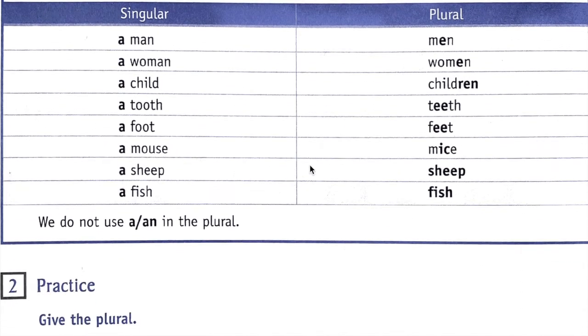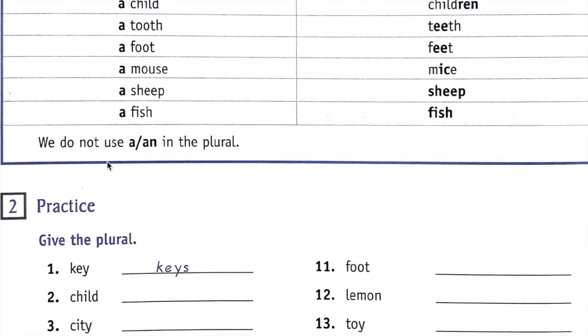A mouse, mice. A sheep, and it doesn't change, it just stays sheep, I just don't have the A anymore. A fish, one fish, many fish. Sometimes you have a noun that doesn't change the spelling, you just remove the A or an to make it plural.